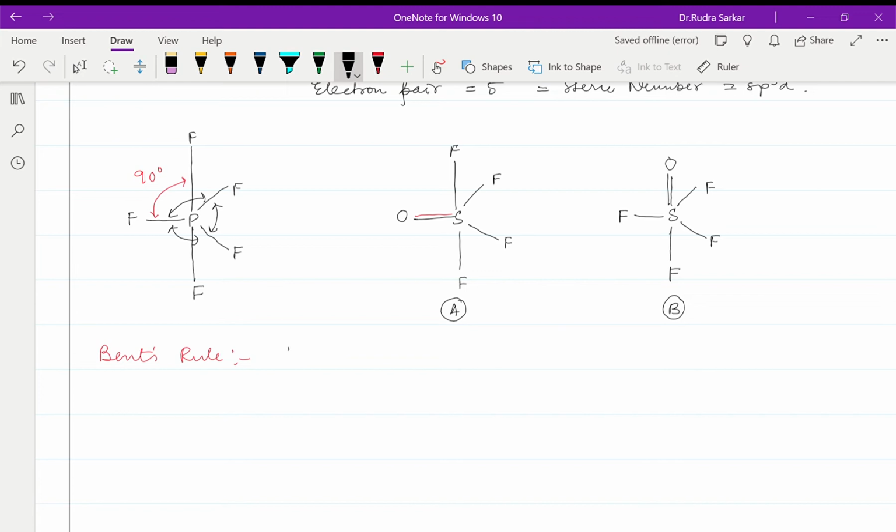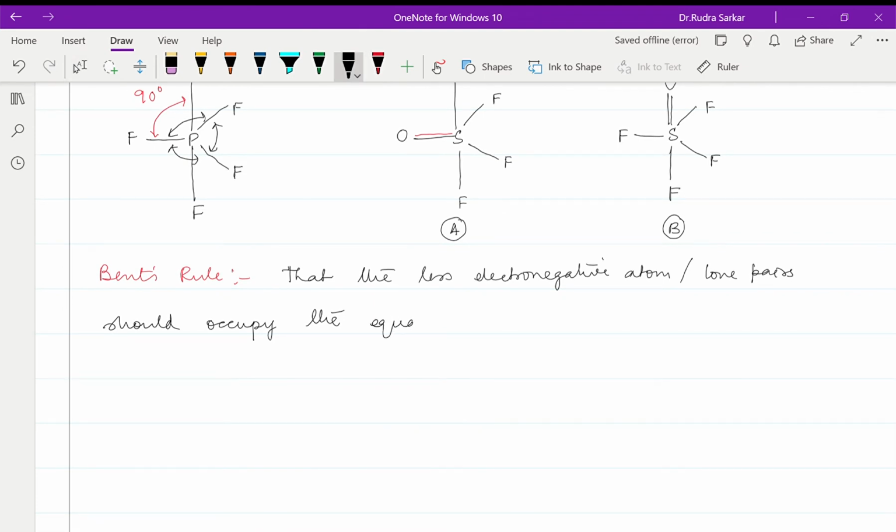It states that the less electronegative atom or lone pairs should occupy the equatorial bonds, and more electronegative atoms should occupy axial bonds.